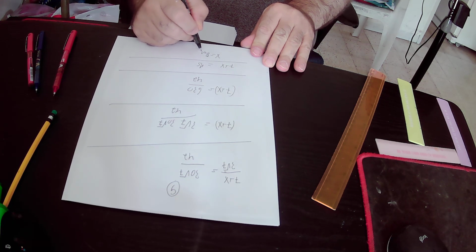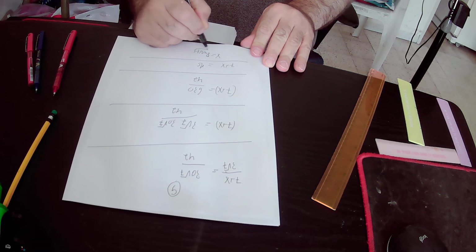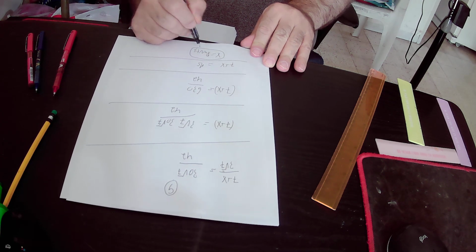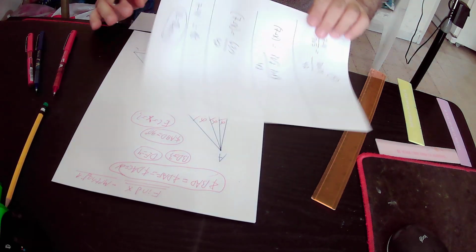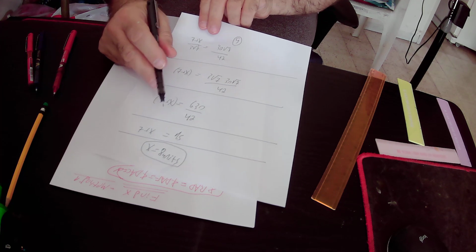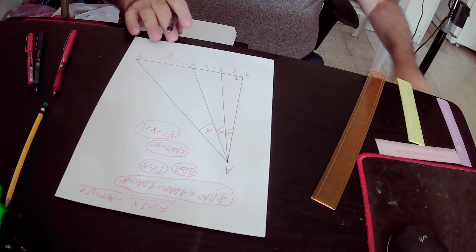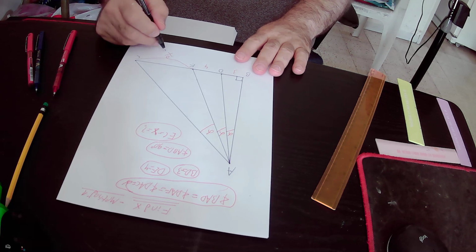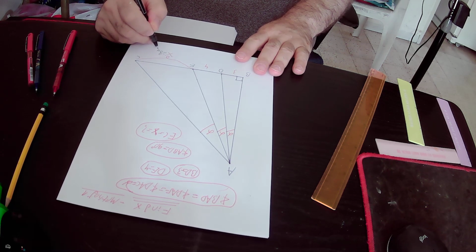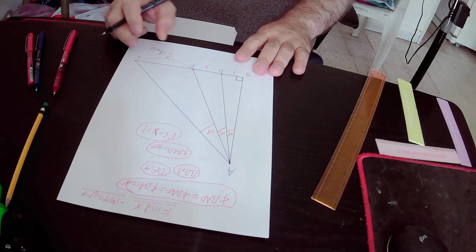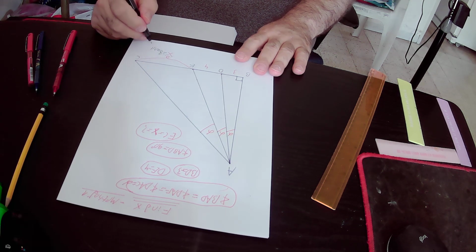So we found that the value of x is 8 units. We found out that x equals to 8 units. That is actually the value of EC that equals to 8 units.